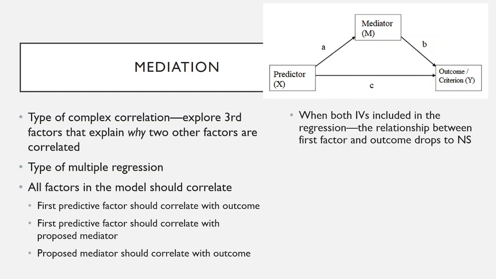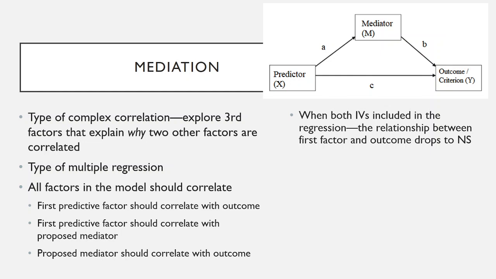So when the mediator is included in the model, the idea is that the mediator helps explain the variance that variables x and y share. So what the analysis demonstrates is that the mediator appears to be explaining that underlying relationship.